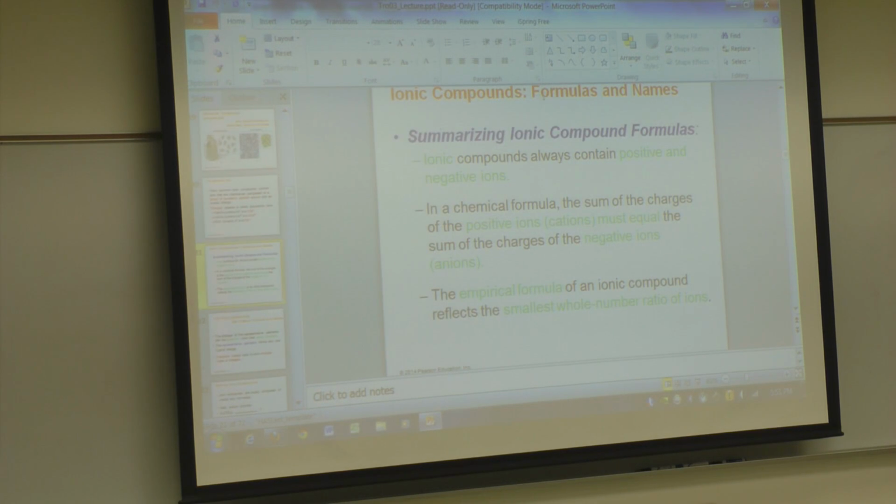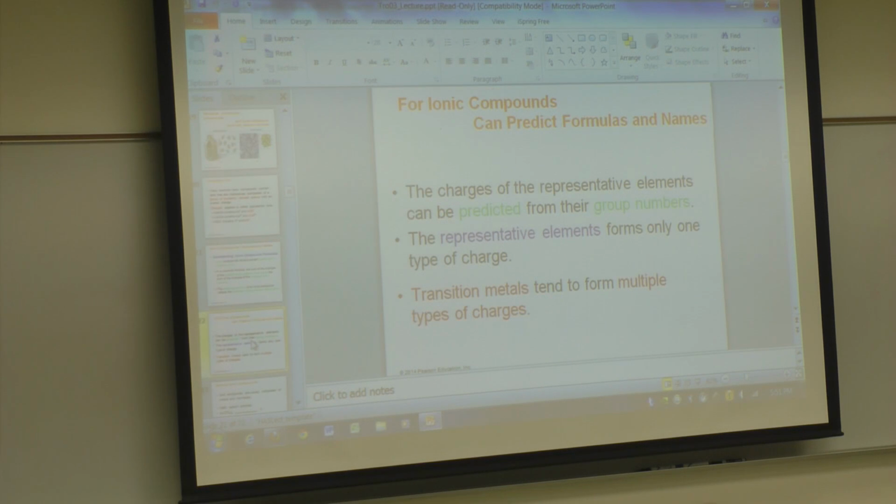So therefore, summarizing formulas and names, ionic compounds always contain positive and negative ions. And a chemical formula is a sum of the positive and negative ions. Our empirical formula is the smallest whole number ratio of ions. So we can predict formulas and names by looking at the charges.